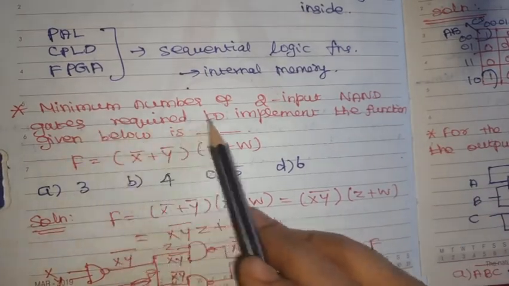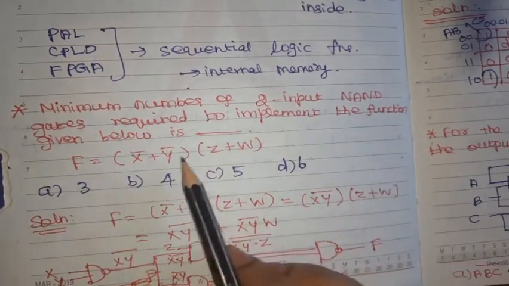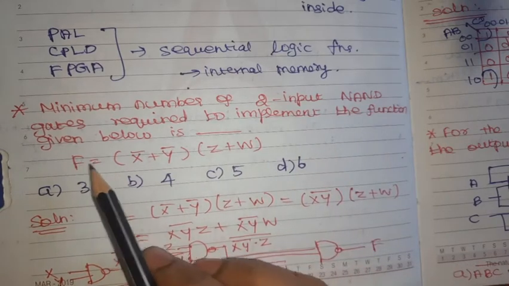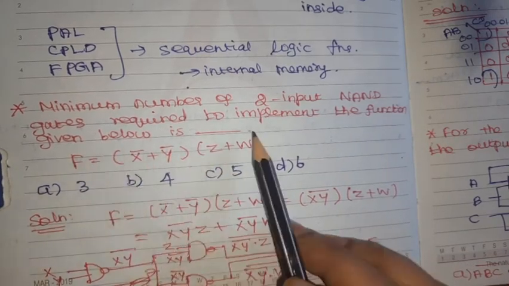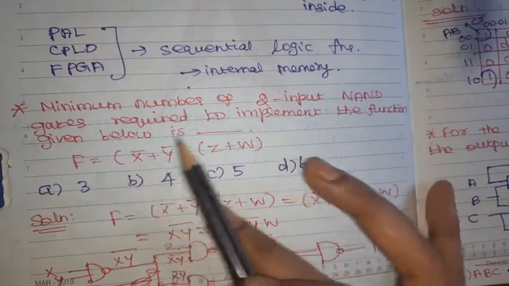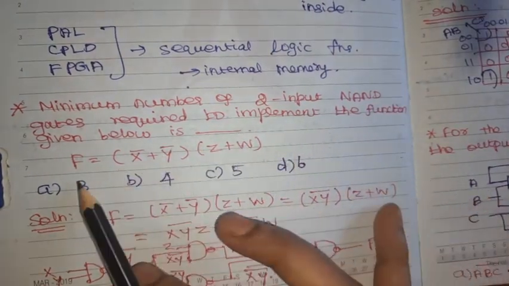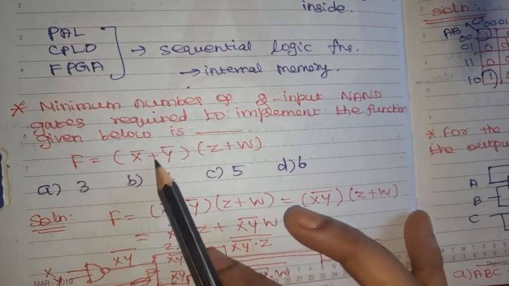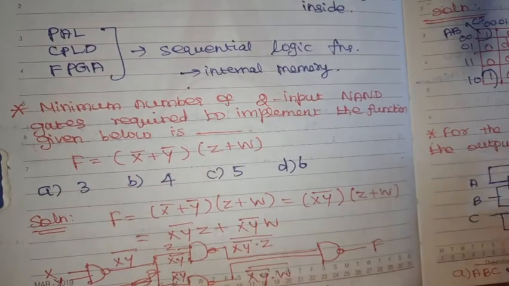First question: the minimum number of 2 input NAND gates required to implement the function given below. F equals x bar plus y bar, into z plus w.